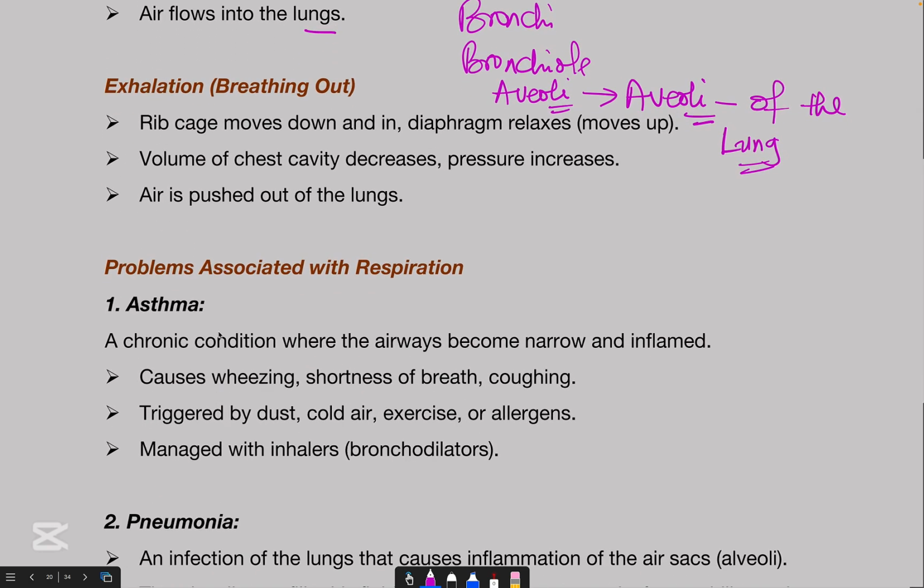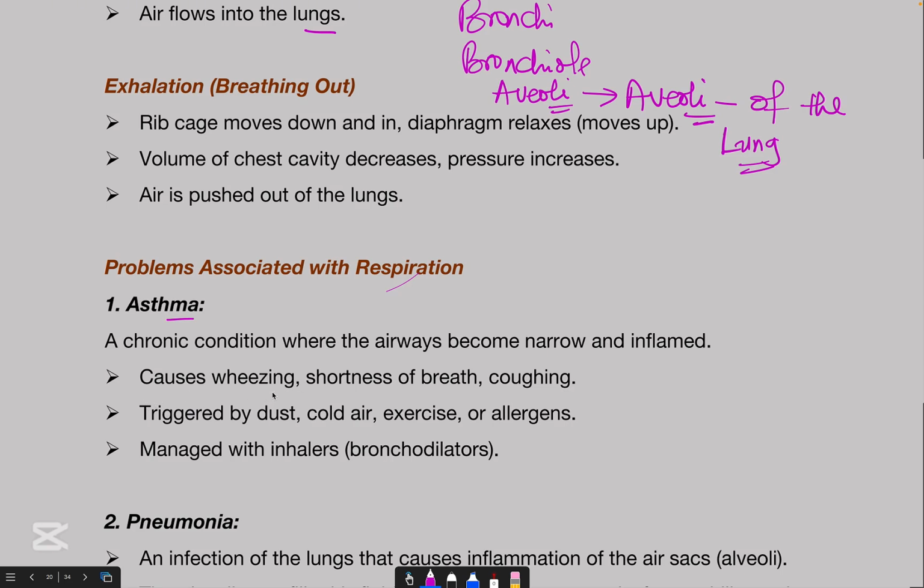So we have problems associated with respiration. Asthma. Asthma is an autoimmune disease where airway becomes narrow and inflamed. The pathophysiology of asthma is way more complex than the explanation we are giving here. When we talk about pathophysiology, we are talking about how asthma comes about. Now, a condition where the airway becomes narrow and inflamed is an autoimmune disease.